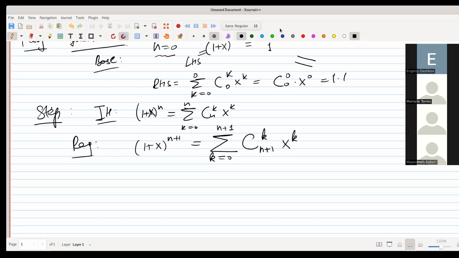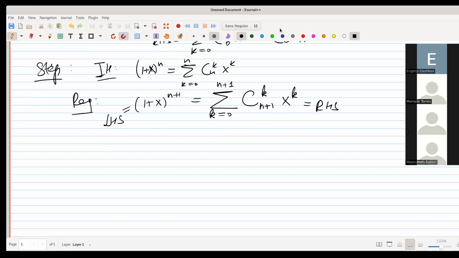So let us denote this as LHS, the left-hand side, and this as RHS, the right-hand side. First, let us start with the left-hand side. It is (1 plus x) to the power n plus 1. That is (1 plus x) multiplied by (1 plus x) to the power n.